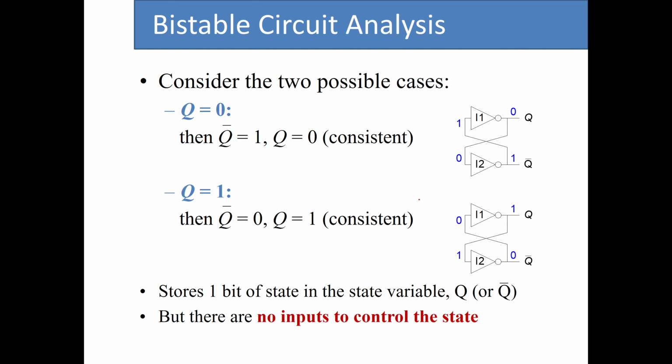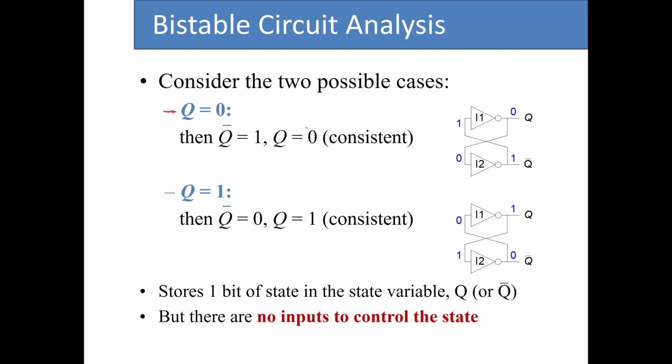Now, since we don't have any inputs for this circuit, how can we analyze it? To analyze it, we can assume the outputs to be at some value. Since we are working with binary numbers, the outputs are either 0 or 1. So let's see what happens in the first case, when Q is 0.